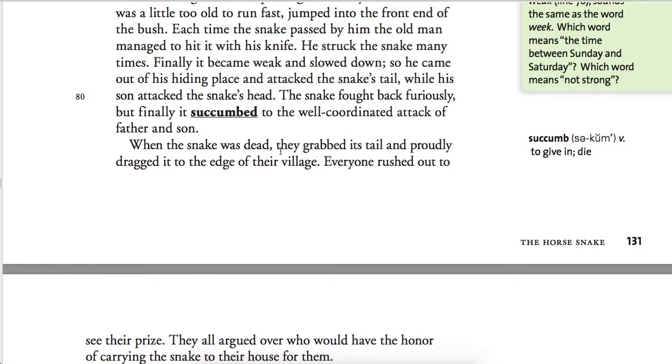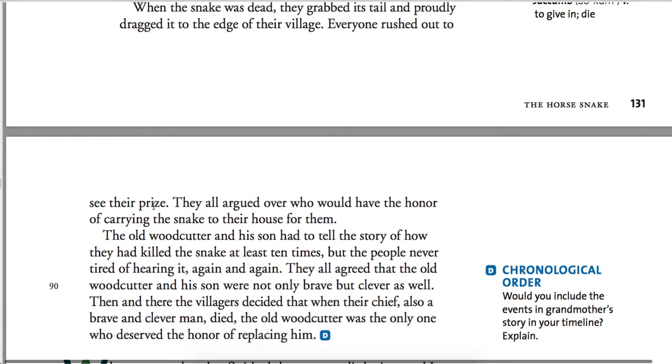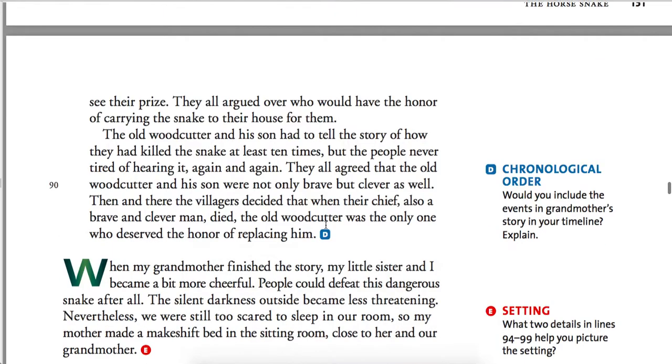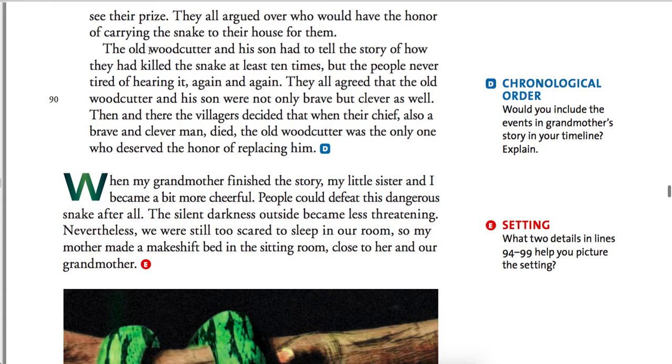When the snake was dead, they grabbed its tail and proudly dragged it to the edge of their village. Everyone rushed out to see their prize. They all argued over who would have the honor of carrying the snake to their house for them. The old woodcutter and his son had to tell the story of how they killed the snake at least 10 times.